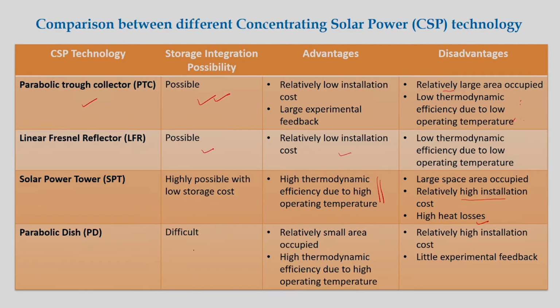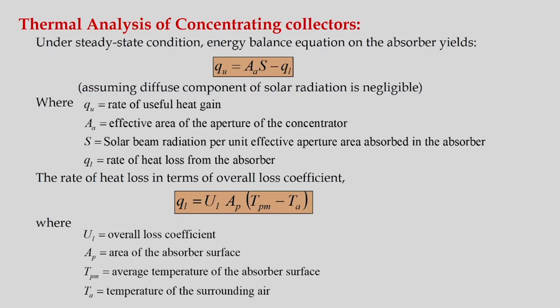And in case of parabolic dish, it is difficult to install a storage system. Advantages are relatively small area occupied and high thermodynamic efficiency, but disadvantages are relatively high installation cost and little experimental feedback. Okay. So, this slide shows the comparison of 4 different CSP technologies.